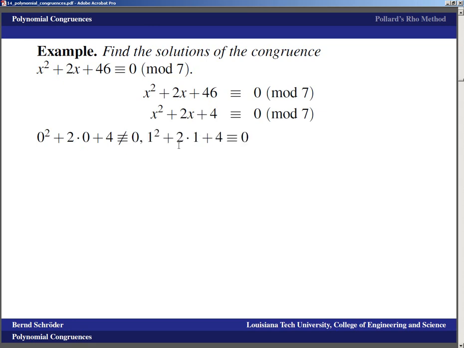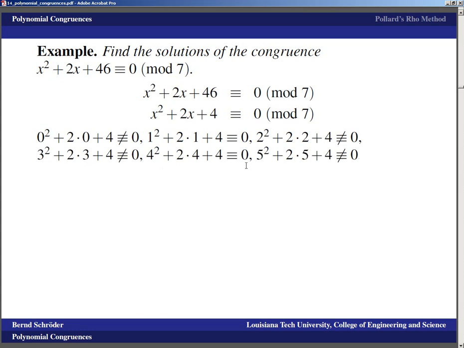If we plug in 1, we get 1 plus 2 plus 4, which is 7, which is, of course, equivalent to 0 modulo 7. Plug in 2, we get 4 plus 4 plus 4, that's 12, that doesn't work. Plug in 3, we get 9 plus 6 is 15, plus 4 is 19, that doesn't work. Plug in 4, we get 16, plus 8 is 24, plus 4 is 28, that does work.